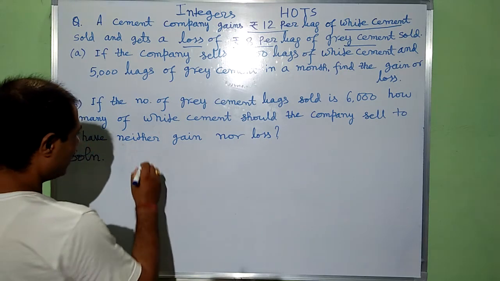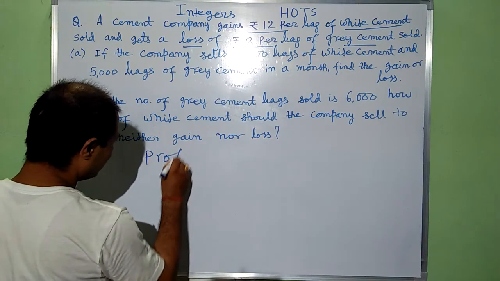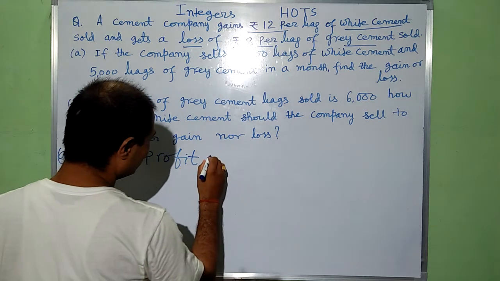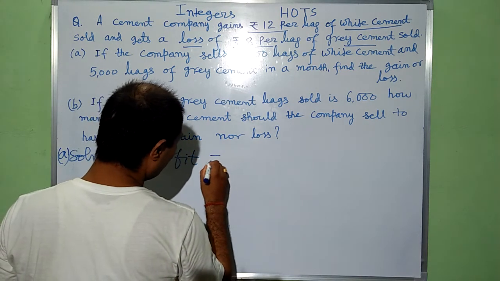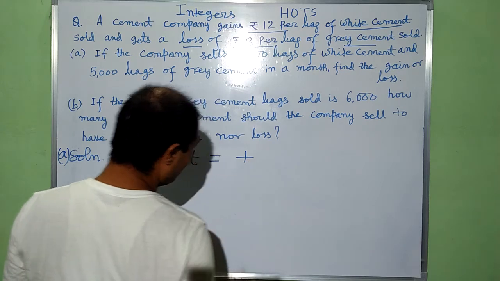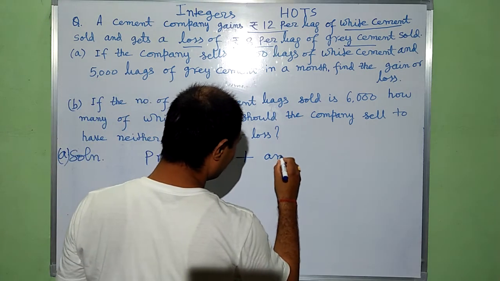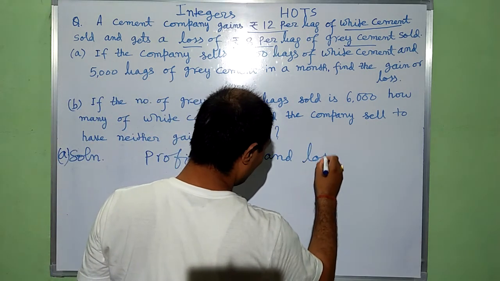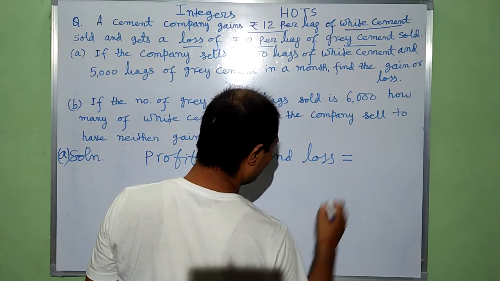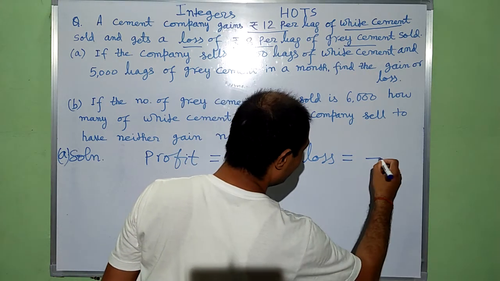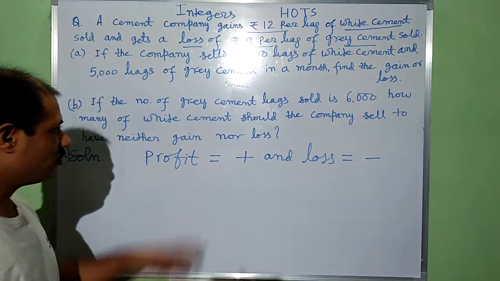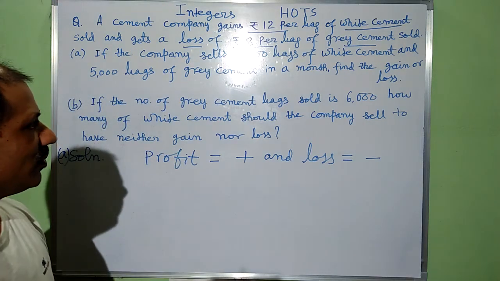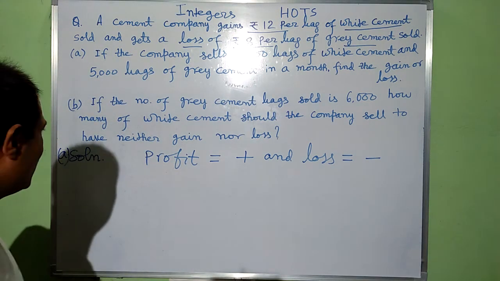With the help of integers, profit is denoted by a plus symbol and loss will be denoted by a minus symbol. I am going to use these symbols on this transaction.